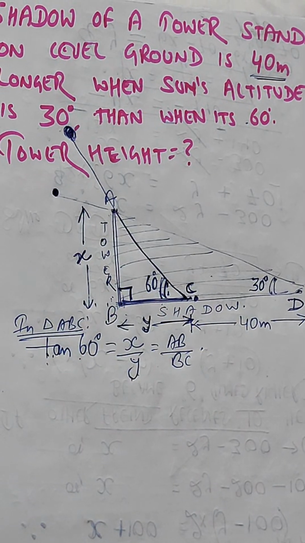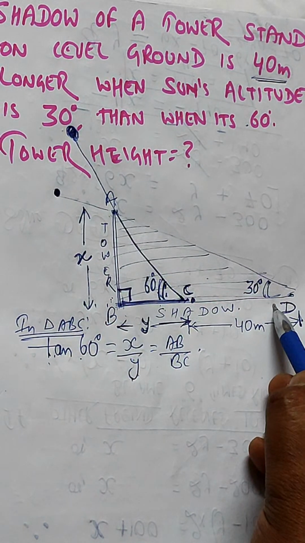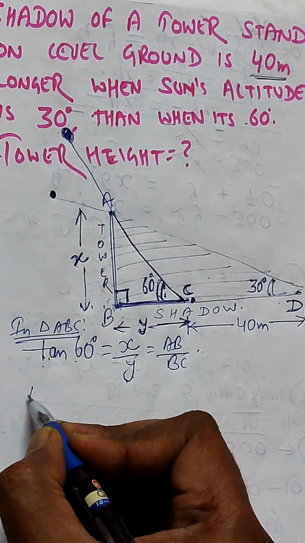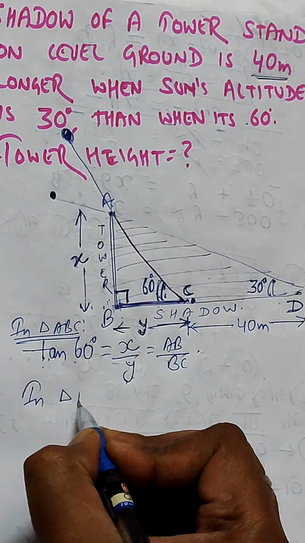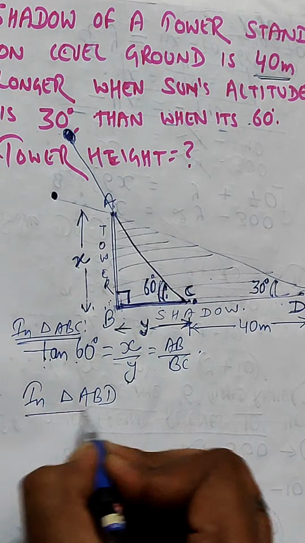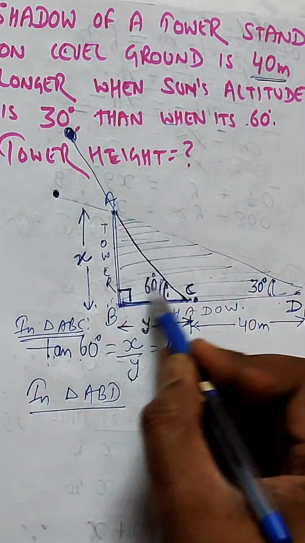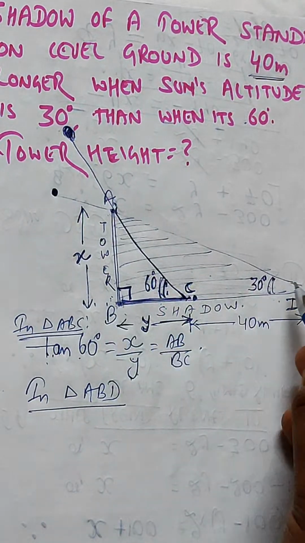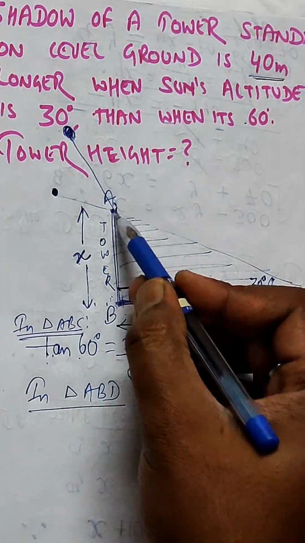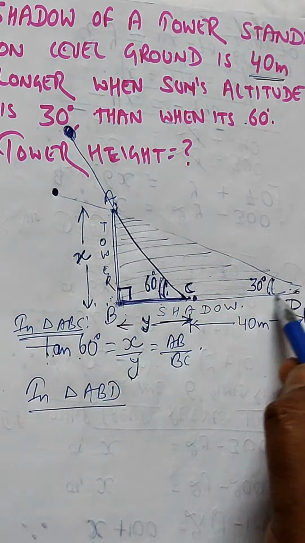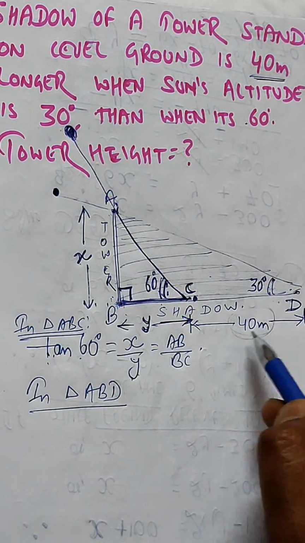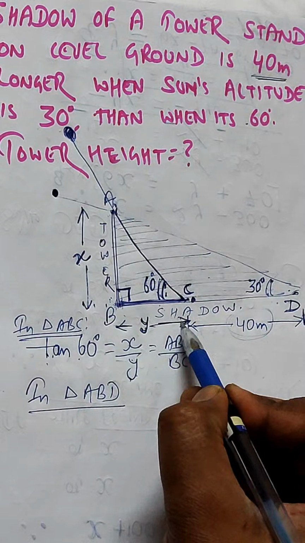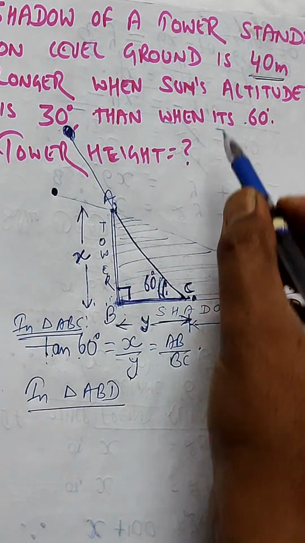Now go to the bigger triangle ABD, this one which I have shaded. The relation between AB and BD: this tower AB has the shadow of length BD, which is 40 meters more than the shadow length when the elevation was 60 degrees, as given in the question.